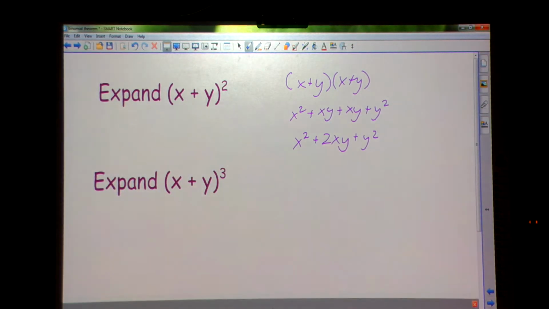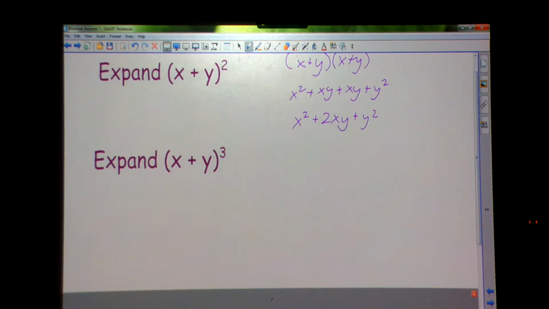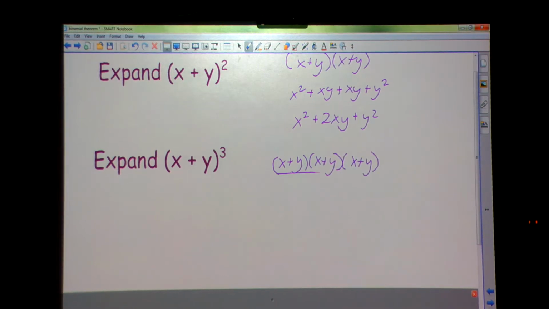Now let's expand x plus y cubed, which of course is x plus y times x plus y times x plus y. Now we just did this, which we got x squared plus 2xy plus y squared times another x plus y. So distribute your x squared. I'm going to get x cubed plus x squared y. Distribute your second term.